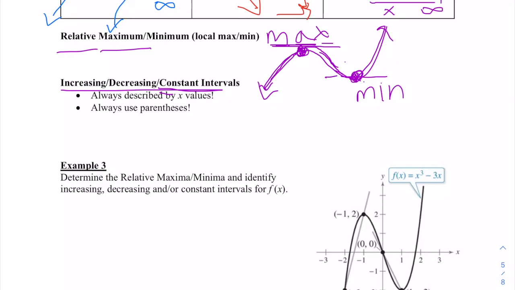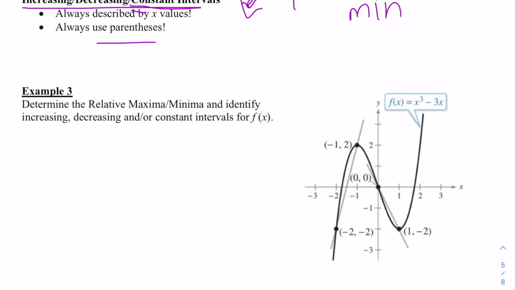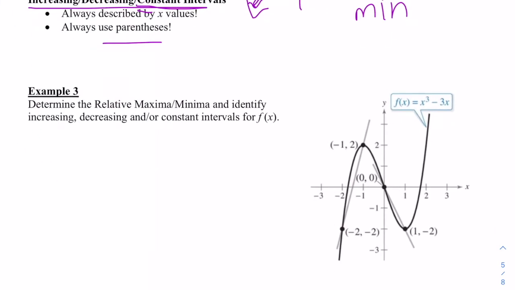So whenever we describe these intervals, we use the x values to help us figure out where those intervals are, and we use parentheses because they don't include the extrema. So let's look at this function. That's a cubic. If we want to determine the relative maxes and mins, you can see the top of the roller coaster is here.